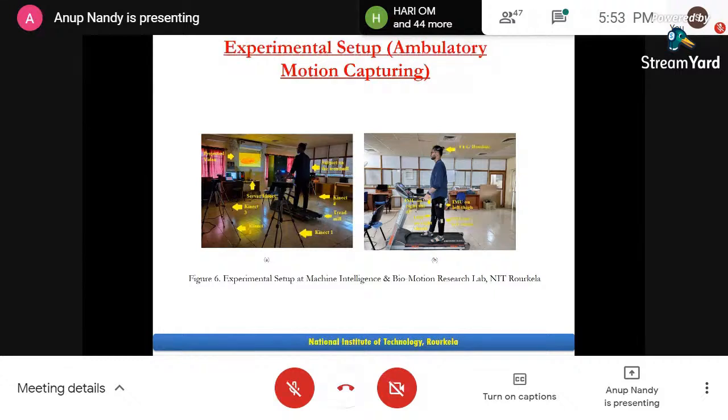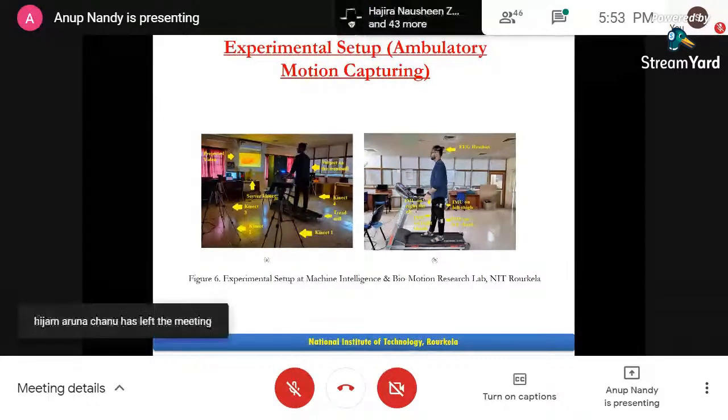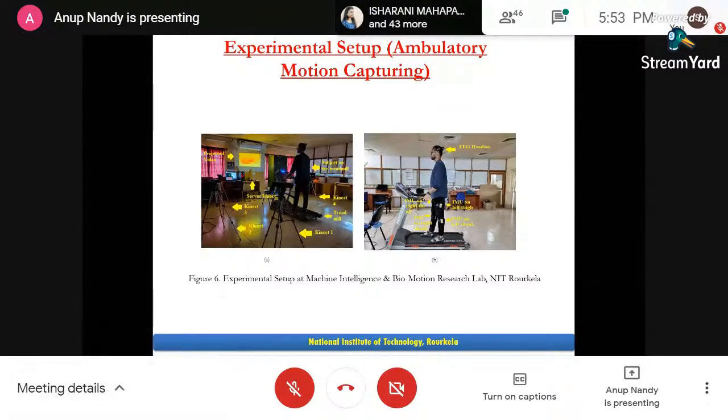Here the students are walking on a treadmill, and as you can see, different Kinects are there. This is the multi-Kinect setup, and IMU sensors are also attached at the hip and knee. The person is watching external stimuli projected on the screen, and his thought process is going on.